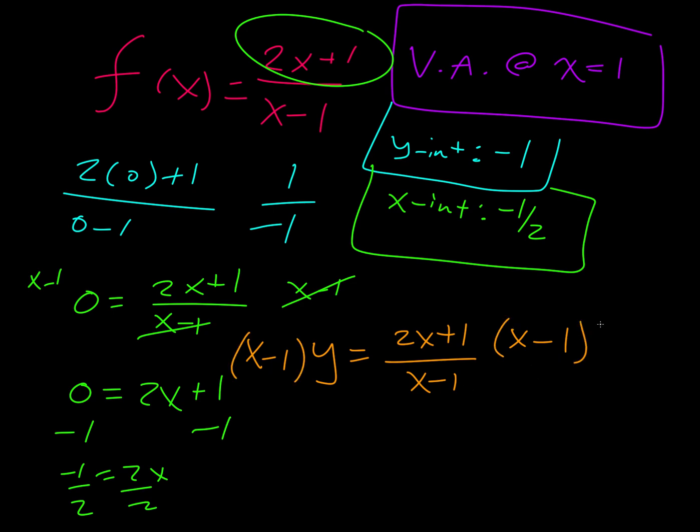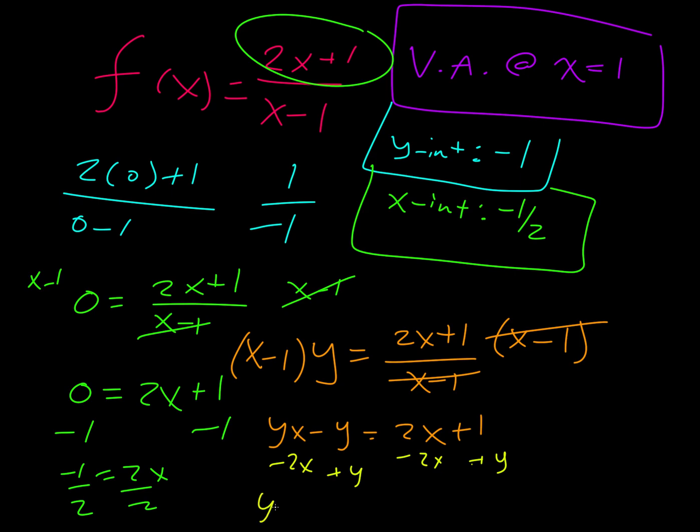So we multiply both sides. Now I'm going to distribute. So we have yx minus y equals 2x plus 1. Now I'm going to get all the x's onto one side. So I'm going to subtract 2x while also adding y to get this onto this side.